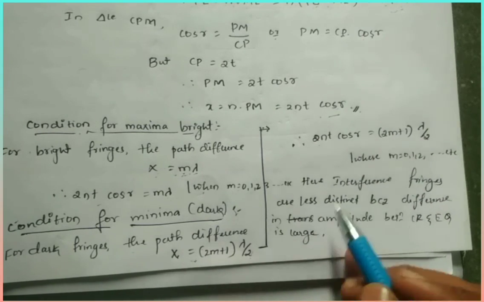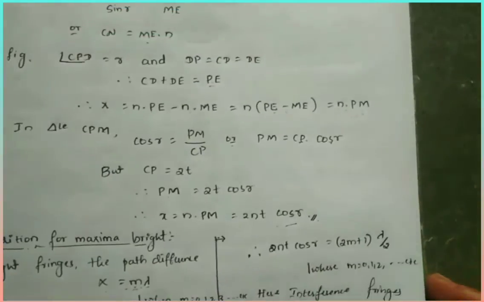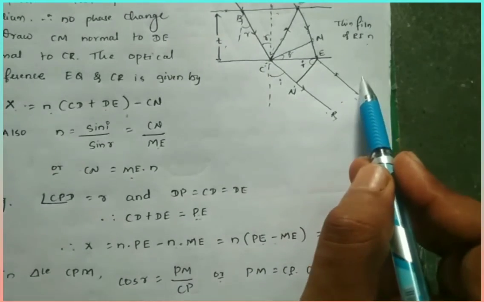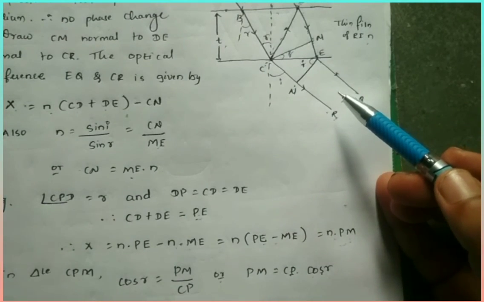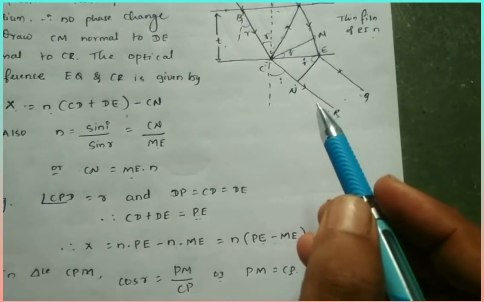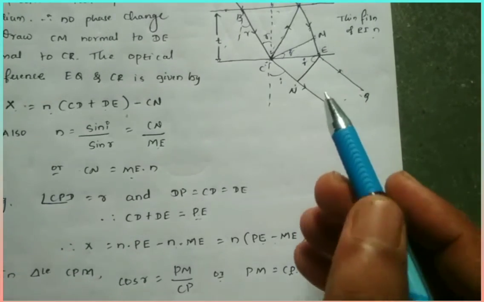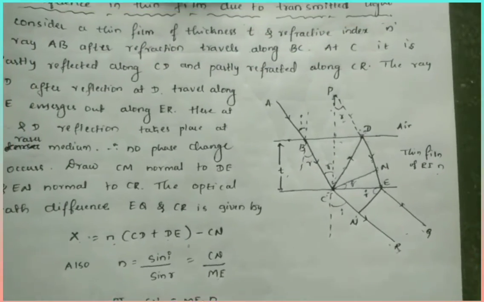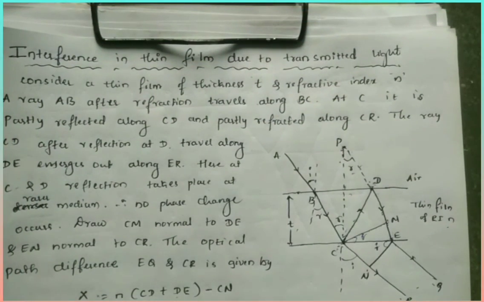Because the amplitude difference between CR and EQ is very large, the fringes are hard to distinguish. This is the concept of interference in thin film due to transmitted light.